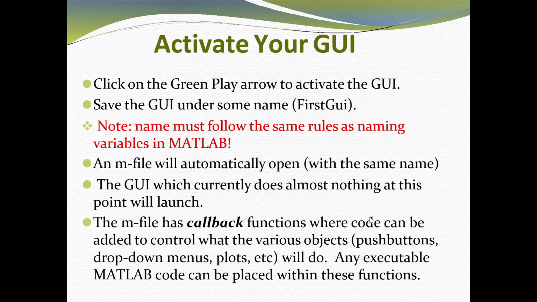But you have to note that names must follow the same rules as naming variables in MATLAB. You need to go back and understand that. An M file will automatically open with the same name, and the GUI, which currently does almost nothing at this point, will also launch.